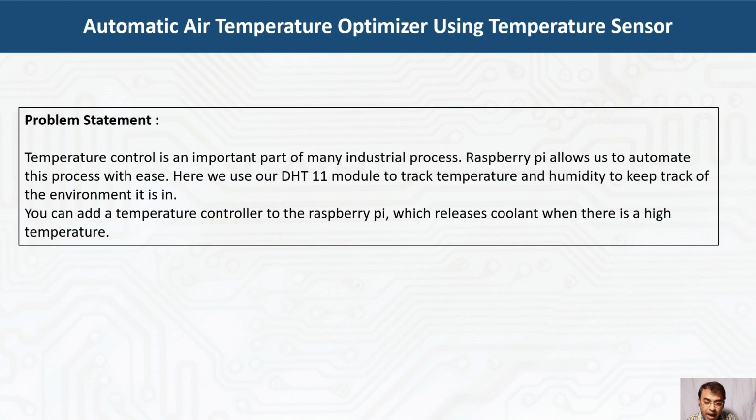You can add a temperature controller to the Raspberry Pi which releases coolant when there is a high temperature. But in our code, we have just implemented it like this. We will set the alert over here, so that as soon as the temperature increases, it will send an alert to your email account.